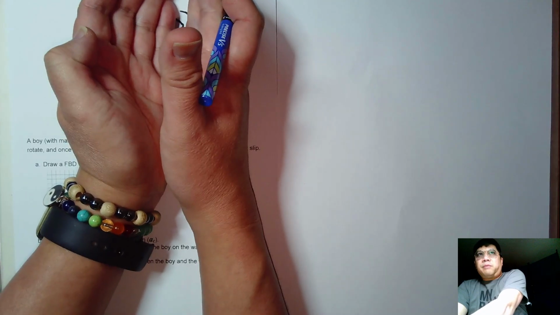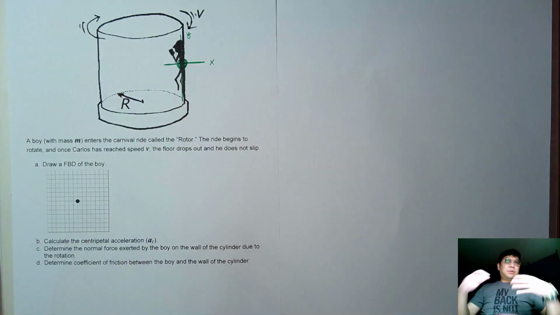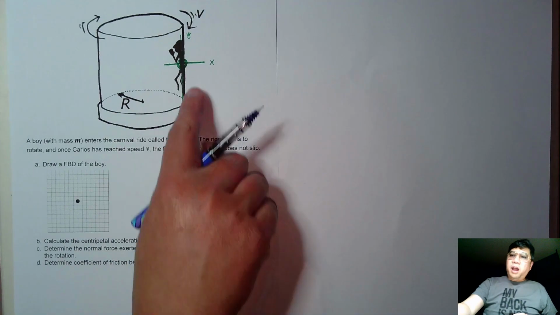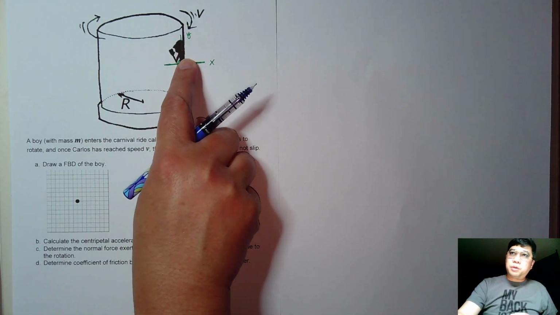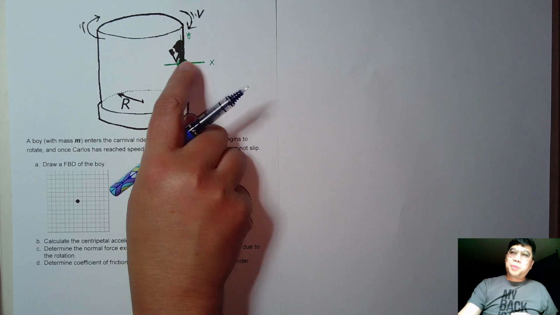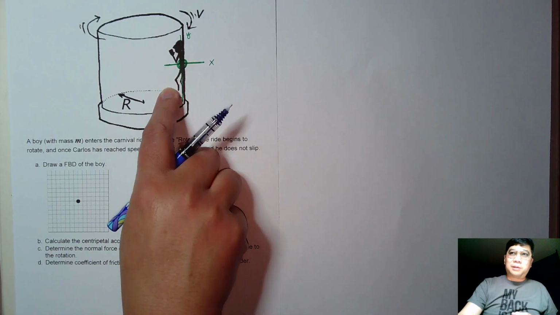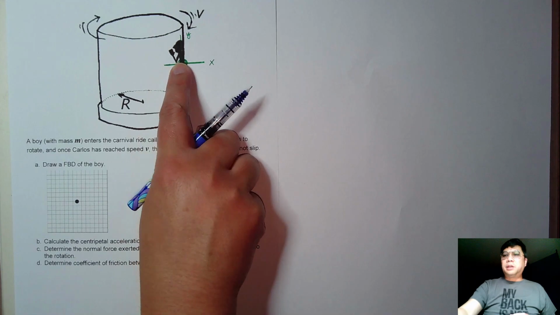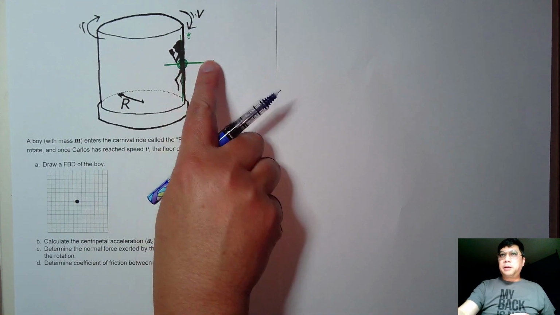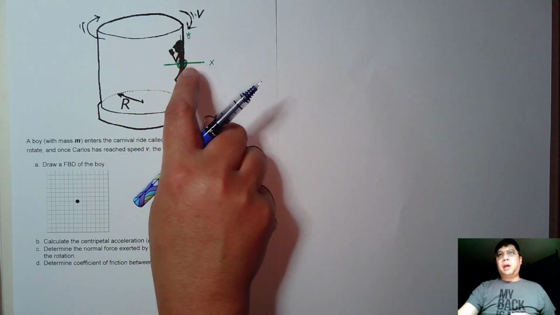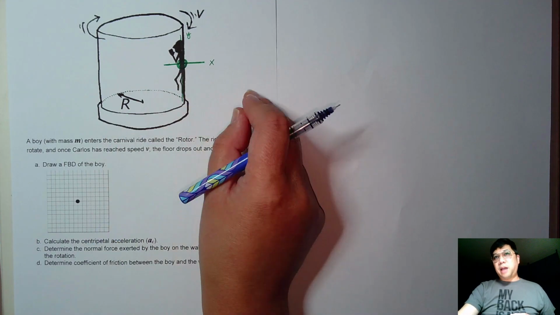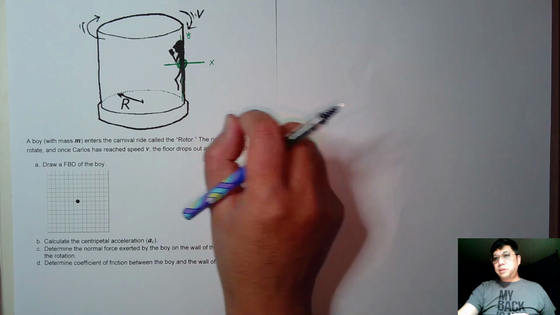Now, a force against a force, so Newton's third law of motion, basically you have what we call a normal force here. The wall is pushing you back, while because of rotation, you are being pushed outward, an action equal and opposite reaction. That is Newton's third law of motion.